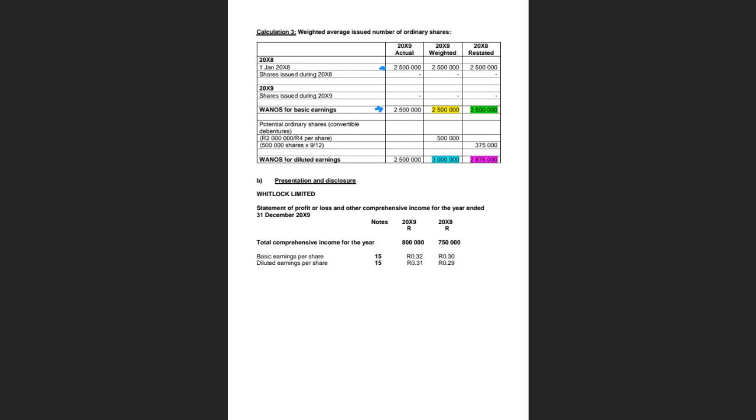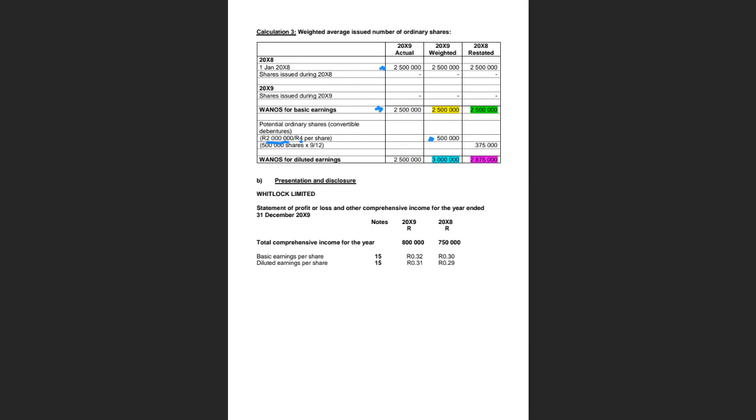So there were 2 million Rand worth of debentures, and the debentures were at 4 Rand each. So if we divide the 2 million by 4 Rand, we're going to get 500,000, right? So that is the total number of convertible debentures.